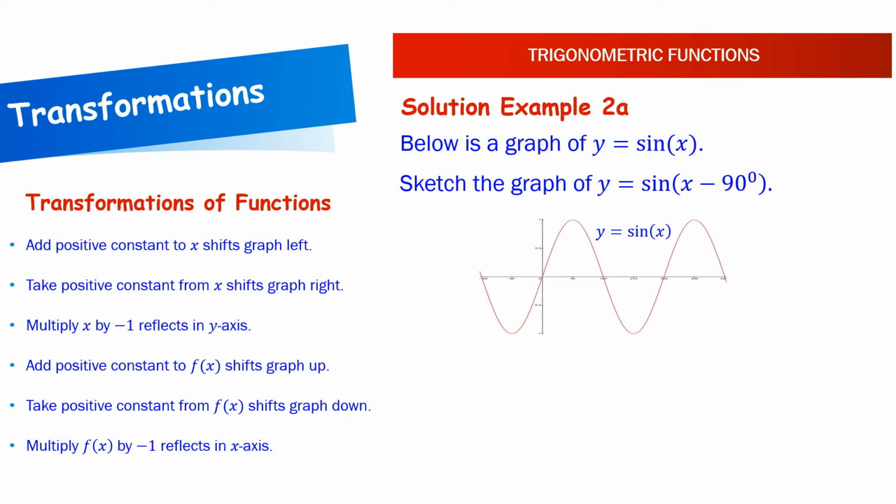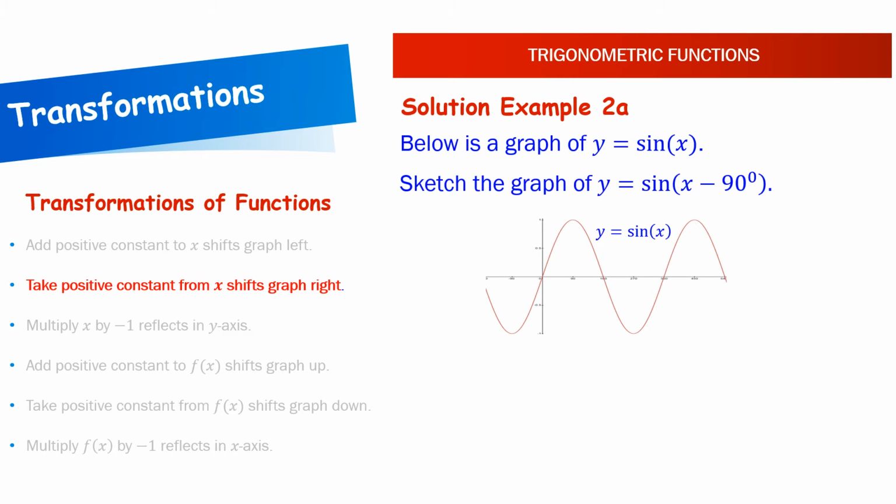So let's solve example 2a first. On your screen is a graph of y equals sine x. You're required to sketch the graph of y equals sine of x minus 90 degrees. In this situation, notice that we're taking a positive constant from x.